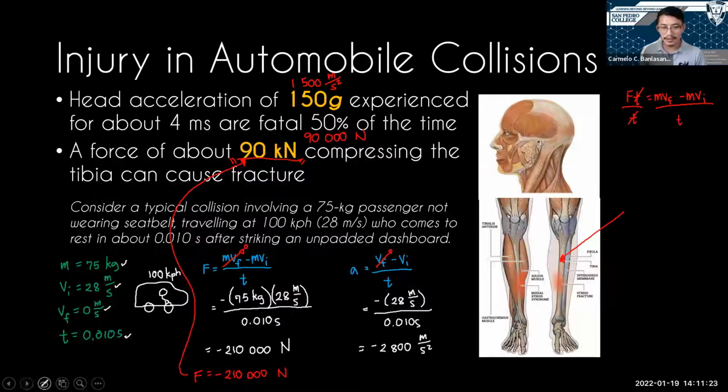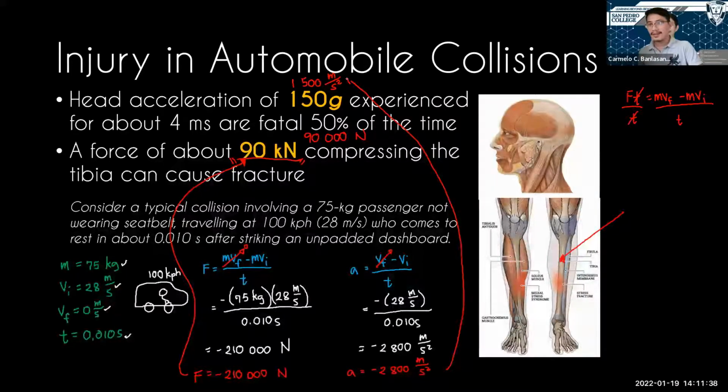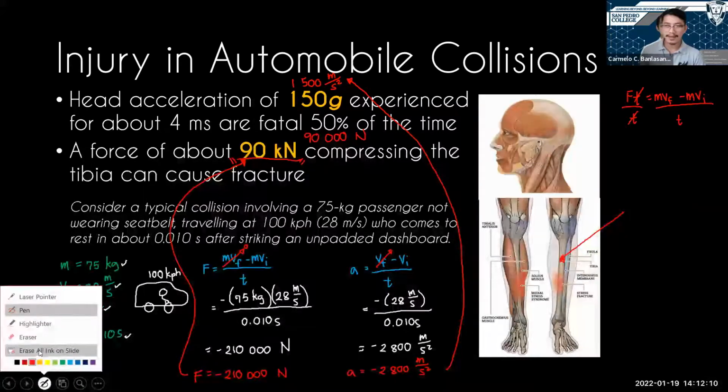That's the unit of acceleration. So acceleration is negative 2,800 meters per second squared. And that is way beyond the acceleration of the head that could be fatal. So 1,500 is already fatal. How much more 2,800 meters per second squared of acceleration? Very high. So it is very dangerous. So the injury the passenger would feel in this scenario is probably very large.